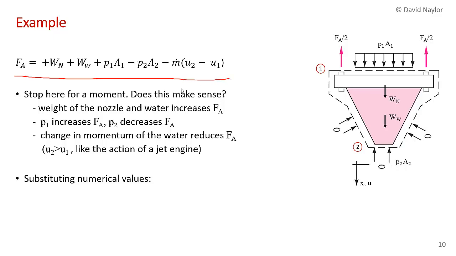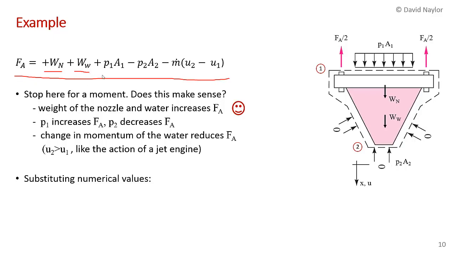What I've got here is that the bolt anchoring force increases if we increase the weight of the nozzle. That makes sense from a physical perspective, the bolts are supporting the nozzle. Also, the bolts are supporting the weight of the water in the nozzle. So if the weight of the water or the weight of the nozzle increases, FA increases. That is consistent with common sense. So I'm happy with that.